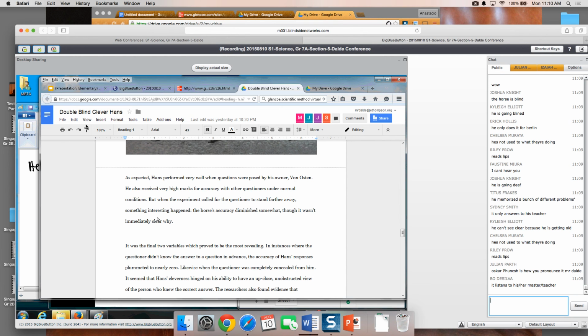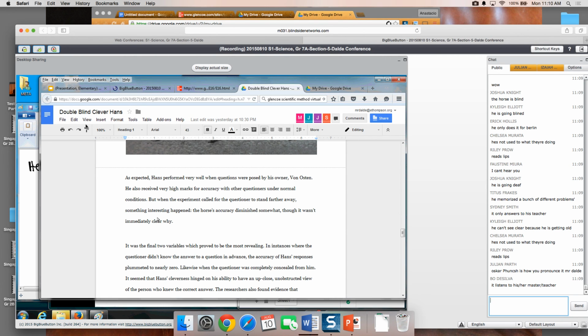So as the horse would tap its hoof, the person would have these small facial expressions and get all excited when the horse was getting to the right number. When the horse got to the right number, the person's face, even though they didn't say anything, got really excited, and then the horse would stop tapping.